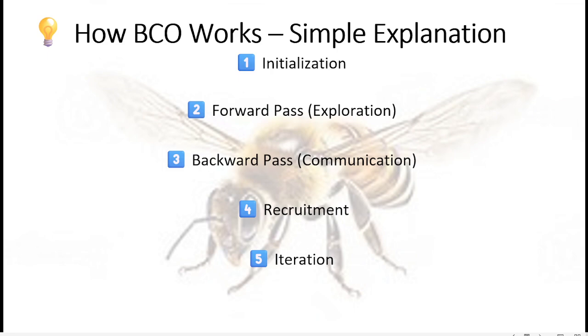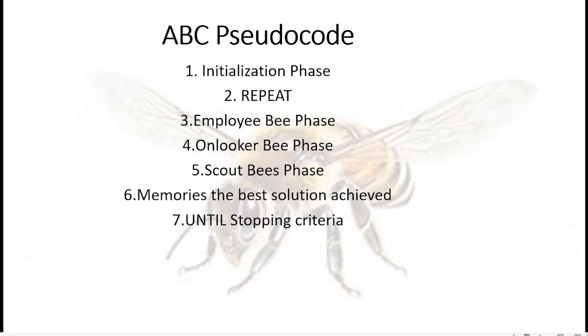Each bee tries different combinations of timings. The best combination attracts more bees. Gradually, the colony converges towards the schedule which minimizes the conflicts. And the next part will be explained by Eshan Gowda.